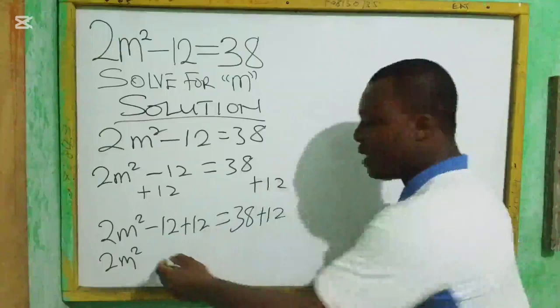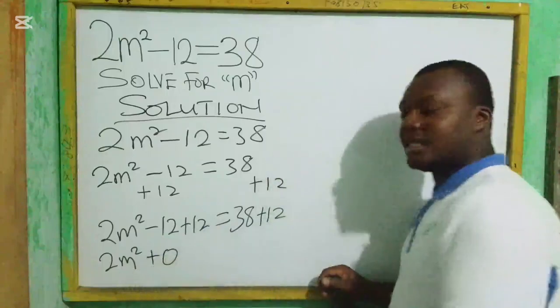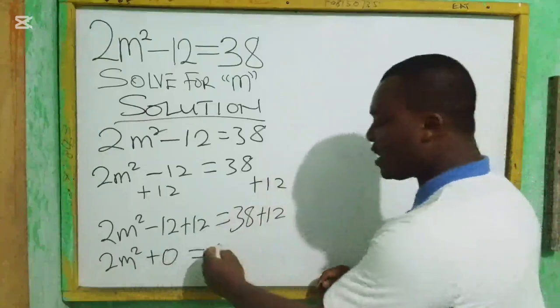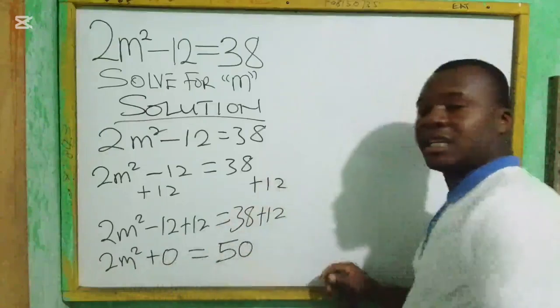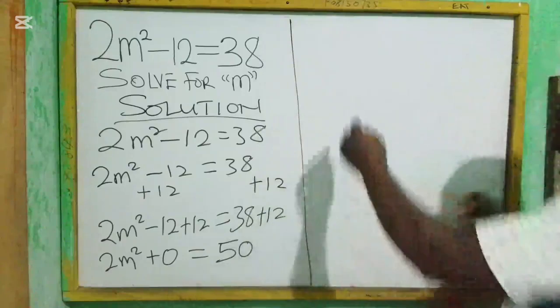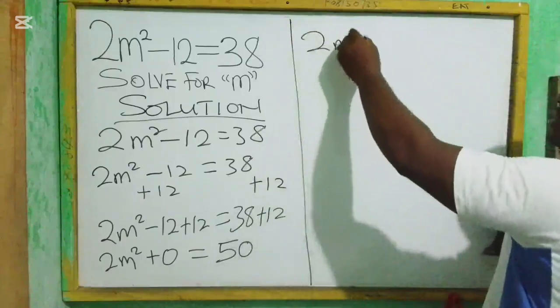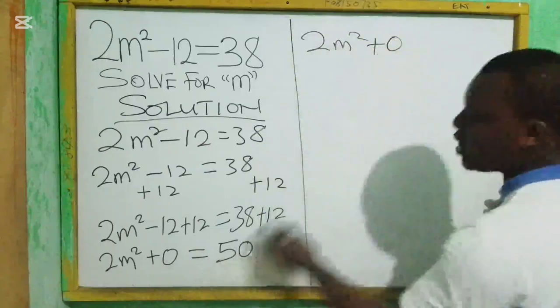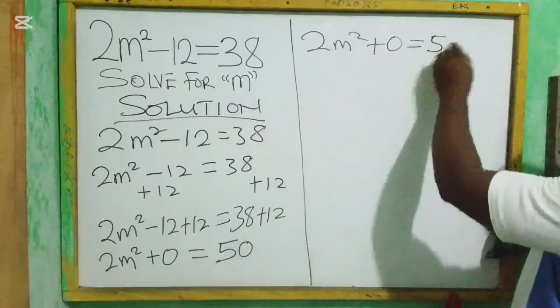So we are going to have plus 0, then equal to 38 plus 12, which will give us 50. Now, let's write this one here. We are having 2m squared plus 0 equal to 50.